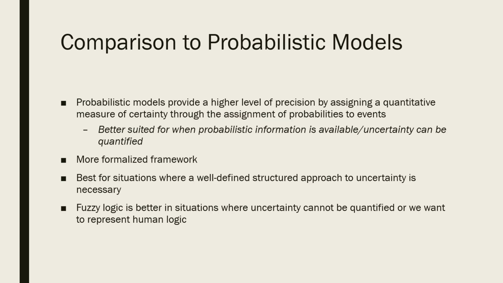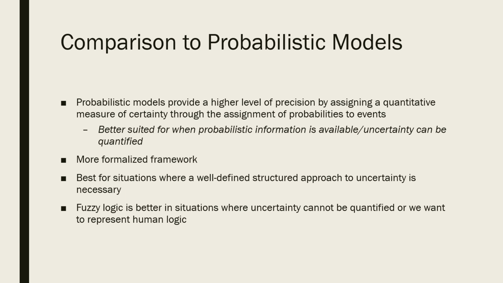So comparing fuzzy logic to probabilistic models. Probabilistic models provide a much higher level of precision by assigning a quantitative measure of certainty through the assignment of probabilities to events. So they are better suited for when probabilistic information is available and uncertainty can be quantified.